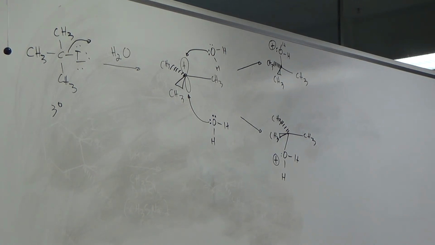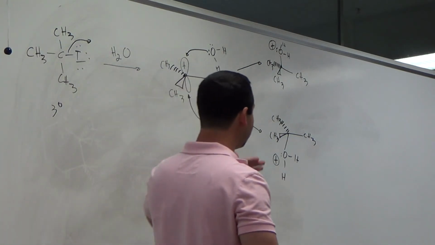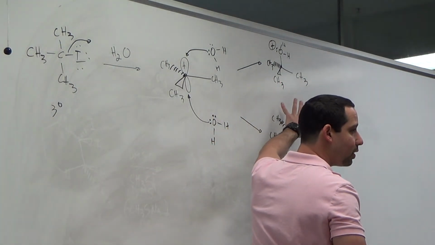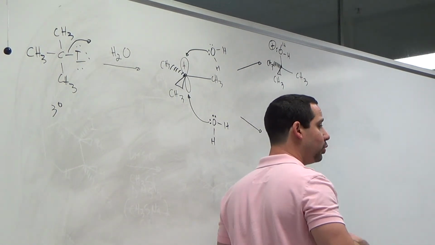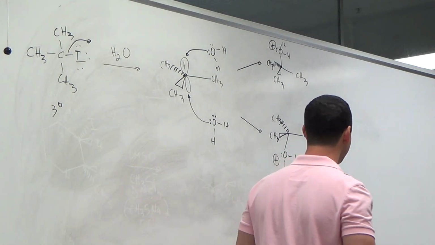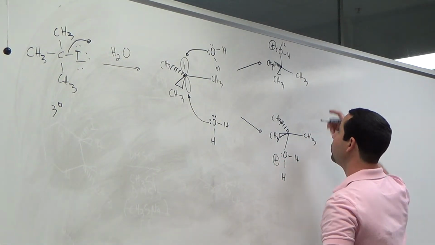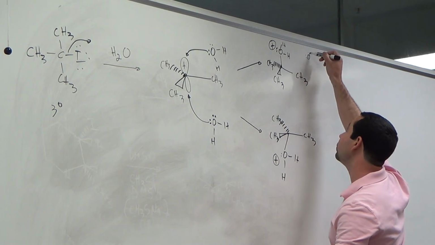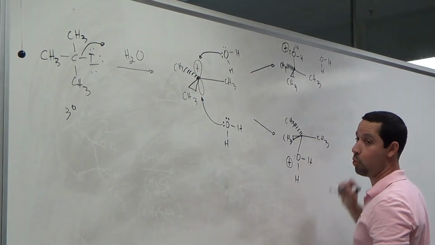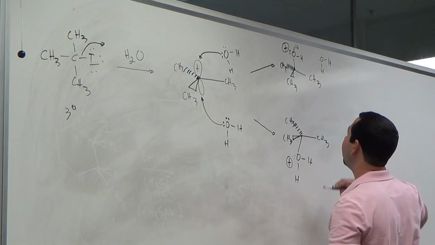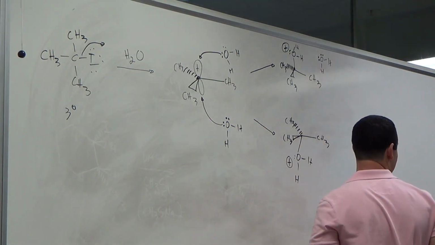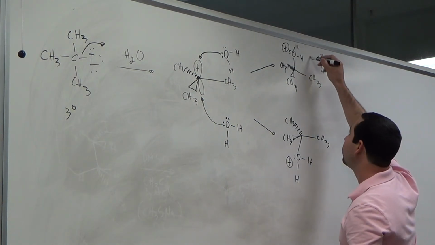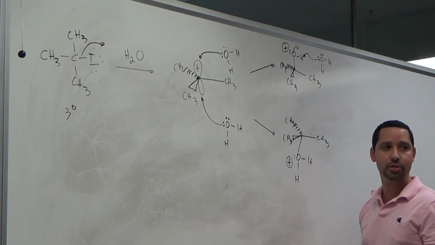Now every single time you have something that is neutral, when it gets attached in these substitution reactions, what is it going to become? Positively charged. It has to lose one of the hydrogens. So, who is going to take this hydrogen? Well, there is another water molecule somewhere with lone pairs. What are they going to do? Attack. It will pull that hydrogen off.